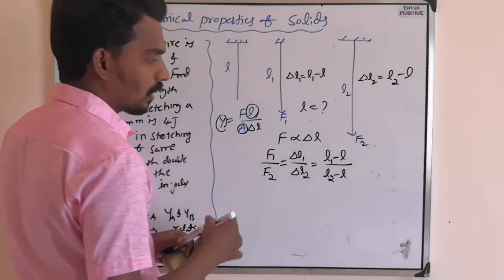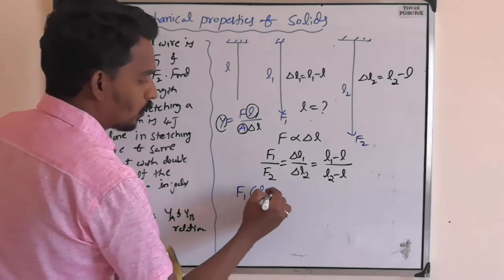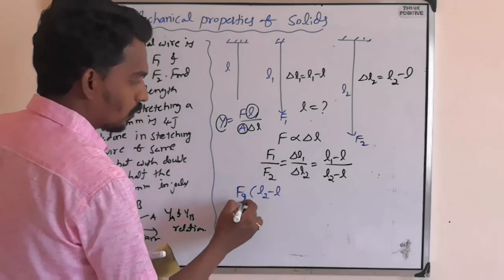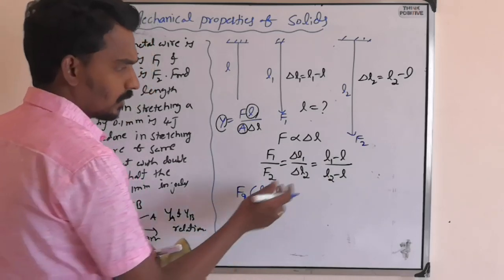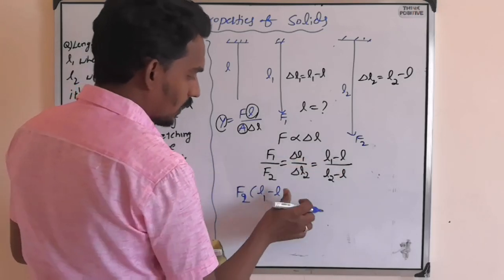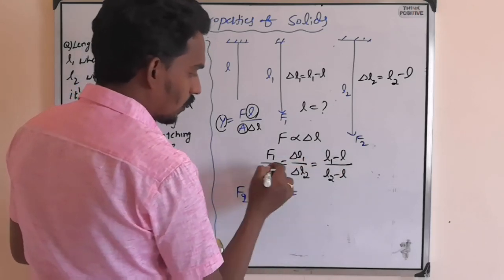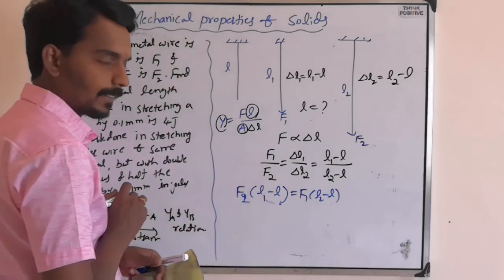Now you cross multiply. You just take the cross multiplication. So F2 into (L1 minus L) equals F1 into (L2 minus L).